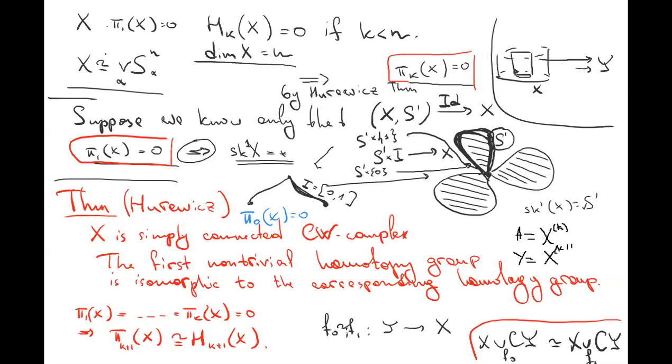The quotient is a wedge of spheres, but we need to show that this is isomorphic to the homology of the quotient. Suppose we've done that; then we'll have an exact sequence, and by our hypothesis this is 0 and this is 0, so this has to have 0 spheres inside it.